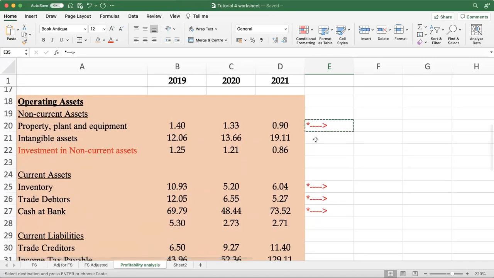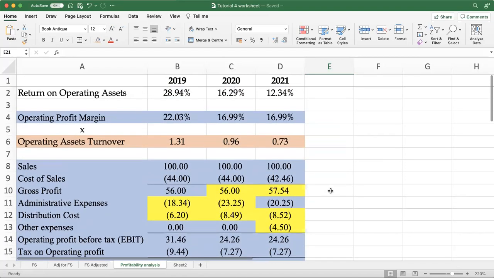Right. Now let's see movements in these turnover ratios. If you see the operating assets turnover, it's in a declining trend.